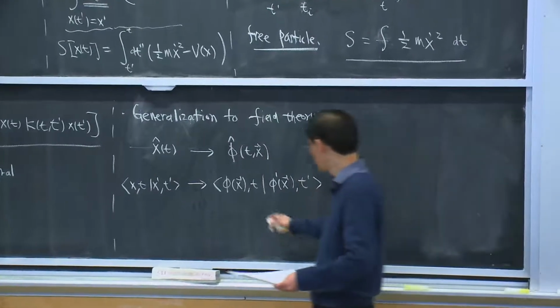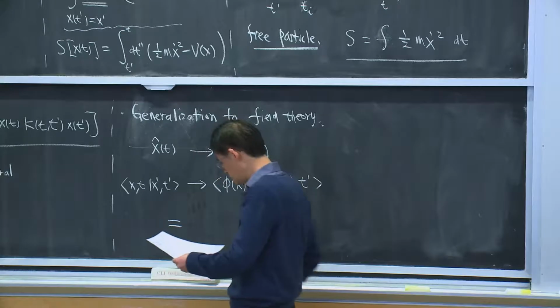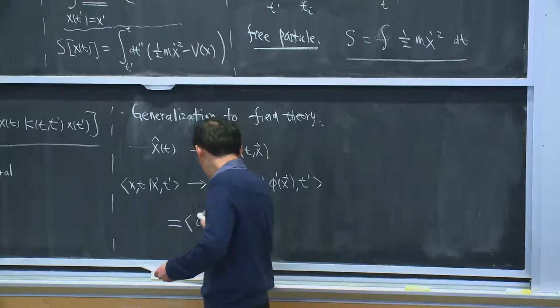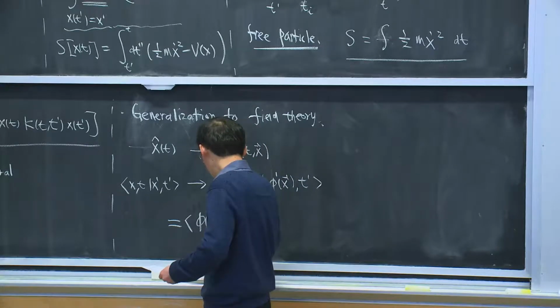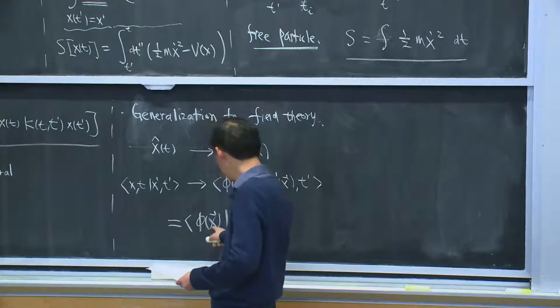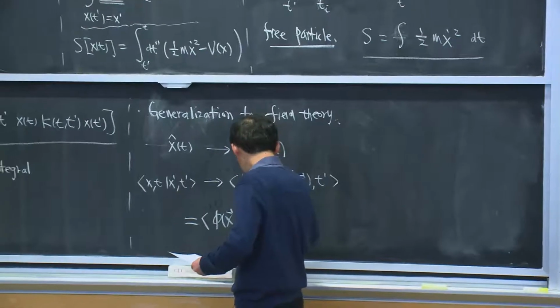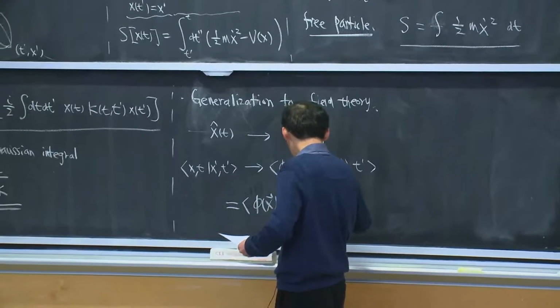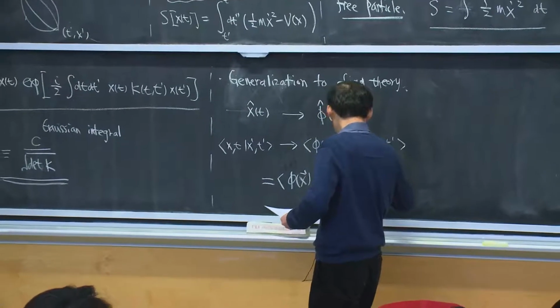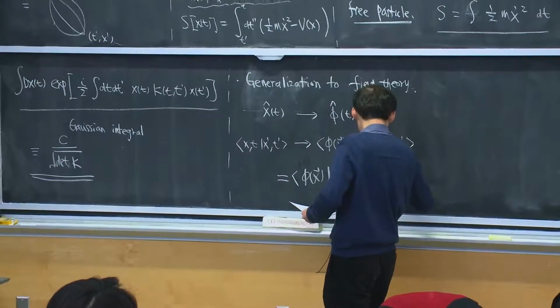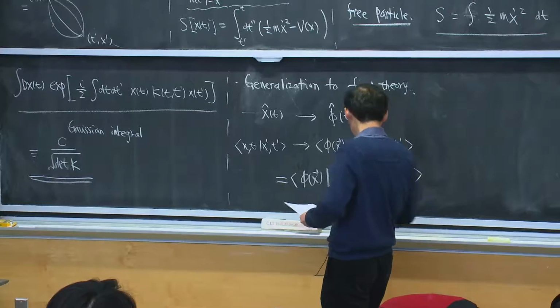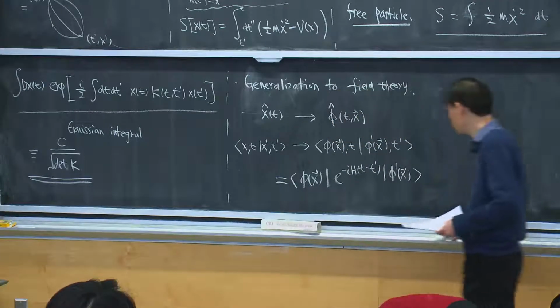Again, this one you can write in terms of the position eigenstate. So this is the position eigenstate in field theory.